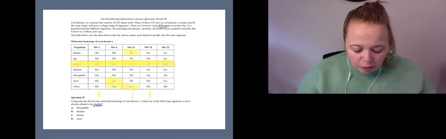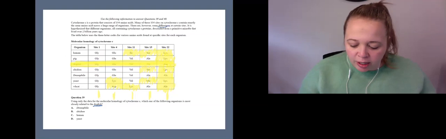At site number 4, we can see that the dogfish has alanine, the human has serine, the chicken has serine, the yeast has glutamine. There we go. And we've got another one there. The final site here, the dogfish has ASN, the human has lysine, the pig has lysine, the chicken has lysine. Actually, everyone has a different amino acid except for that dogfish.